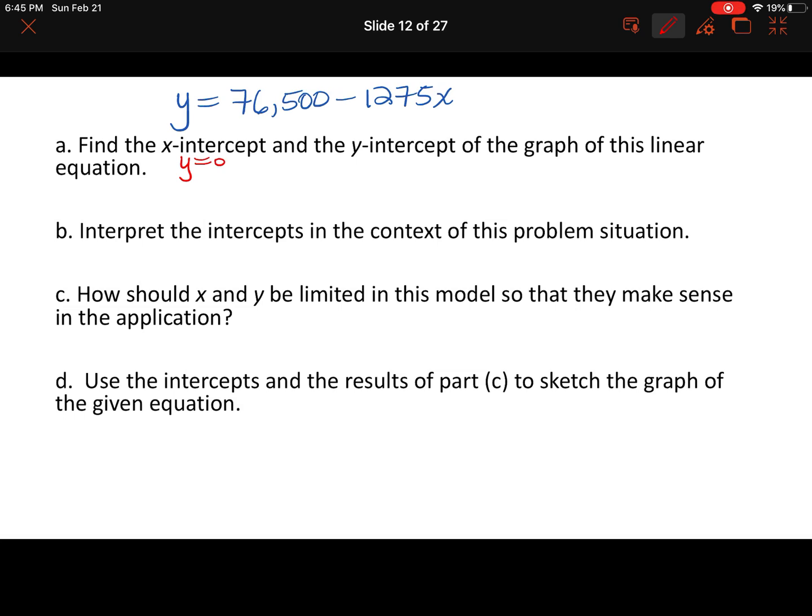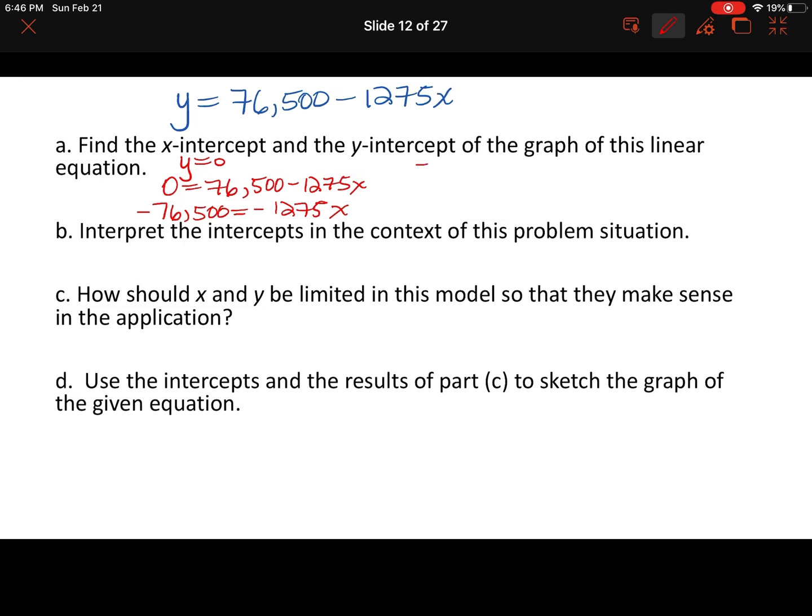So when we plug that into our equation there, we have 0 equals 76,500 minus 1275x. And then we'll solve for x. All right. Subtract that 76,500 from each side. Negative 76,500 equal negative 1275x. Undo the multiplication.